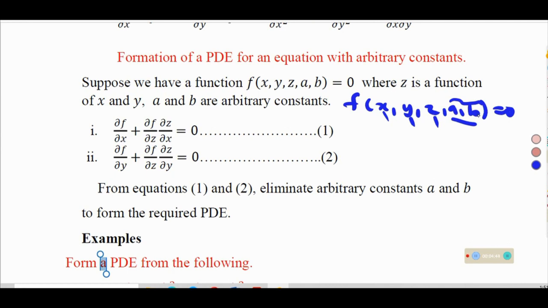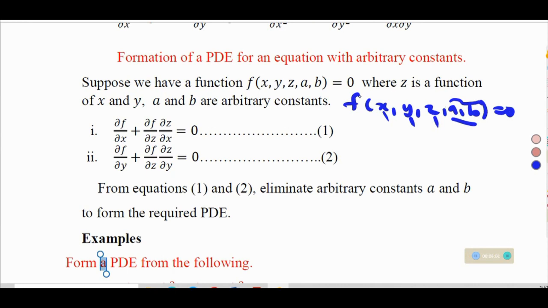But as you know, if you have two arbitrary constants, then you need two equations that will eliminate these two constants. Now, how do we form equations that will help us eliminate the arbitrary constants a and b?